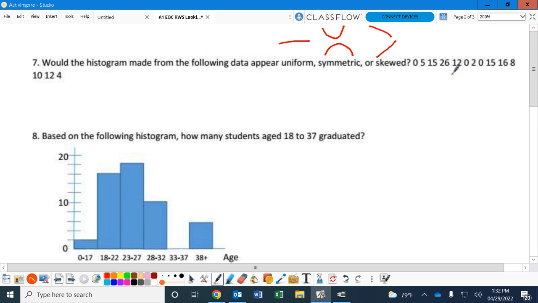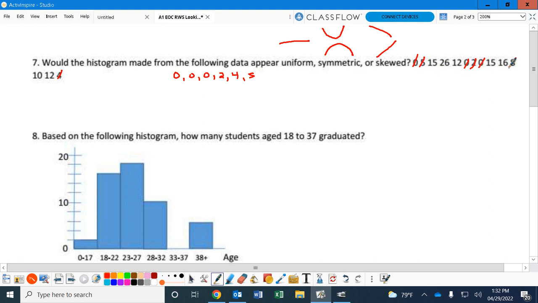Guys, if you get a set of data, the first thing you got to do is put it in order every single time. So let's put this in order. So starting off with, there's several zeros. How many zeros are there? There's 3 of them. 1, 2, 3 zeros, then a 2. What comes next? 4. Down here. 4. Then a 5. Let's cross that out. Is there a 6, 7?